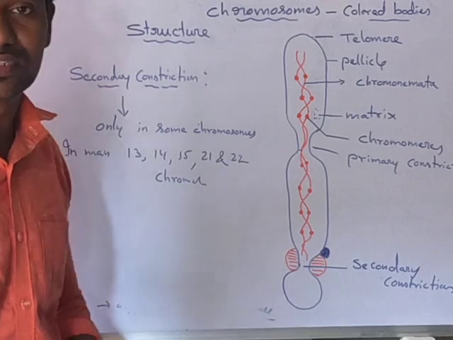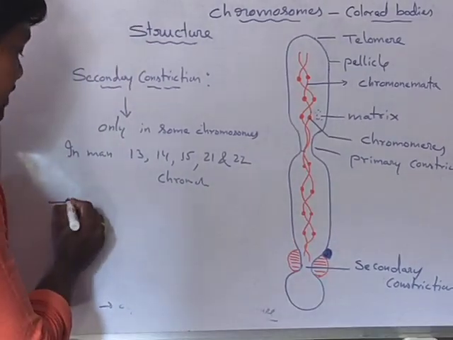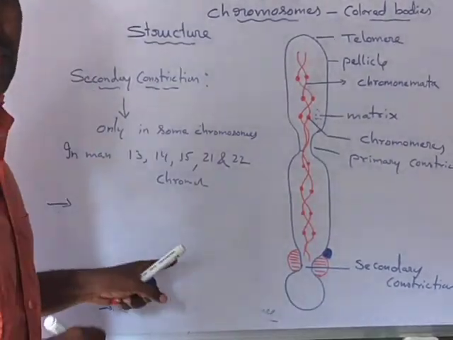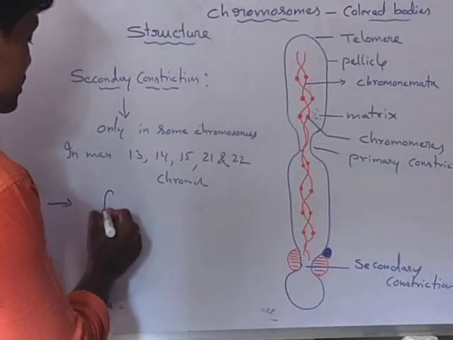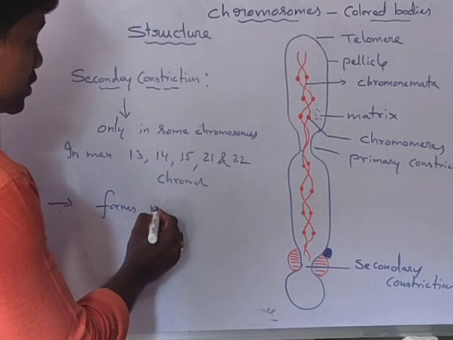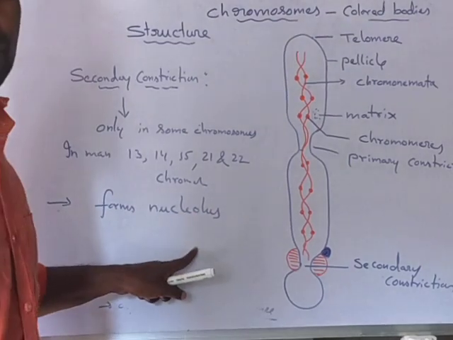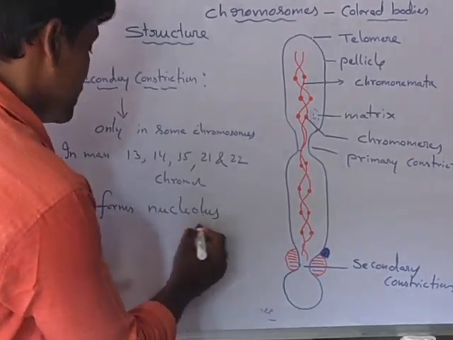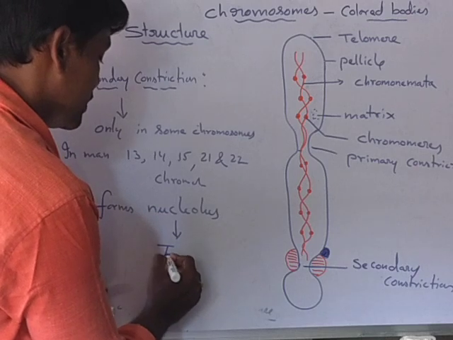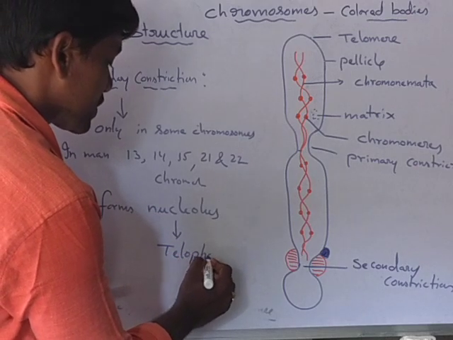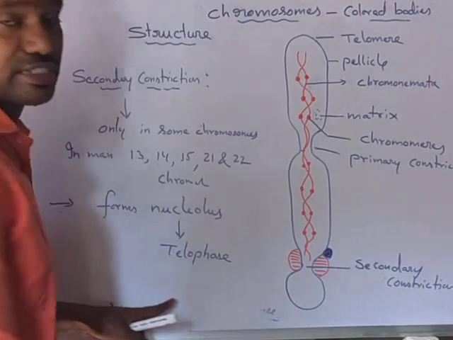The secondary constriction is involved in the formation of the nucleolus. It forms the nucleolus at the telophase of cell division.